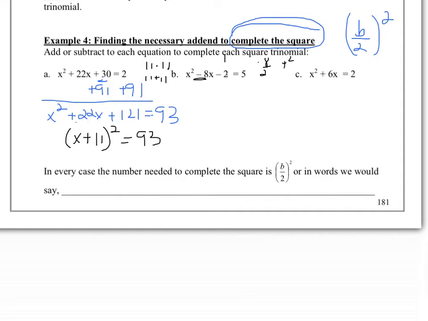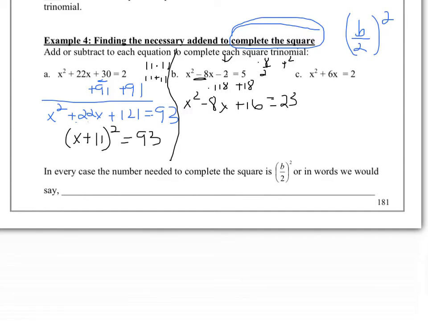So I want C to end up being the number 16. In order for it to be 16, I'm going to have to add 18 to both sides. Now I have x squared minus 8x plus 16, which is what I wanted, equal to 23.